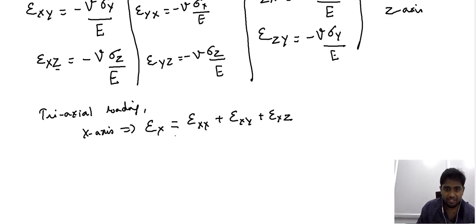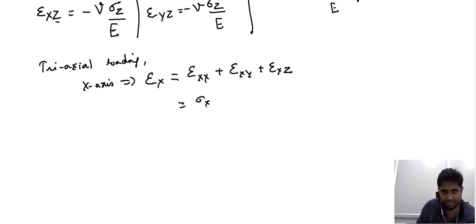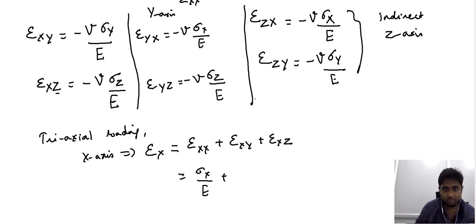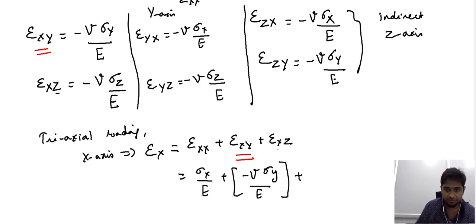Now we have an expression for the direct response, that is epsilon xx, and that is sigma x by E. And we also have an expression for the indirect response epsilon xy, and therefore we can substitute the terms. So it's minus mu sigma y by E. In the same way, we also have derived the expression for epsilon xz, the response brought about in the x direction because of the loading along the z direction.